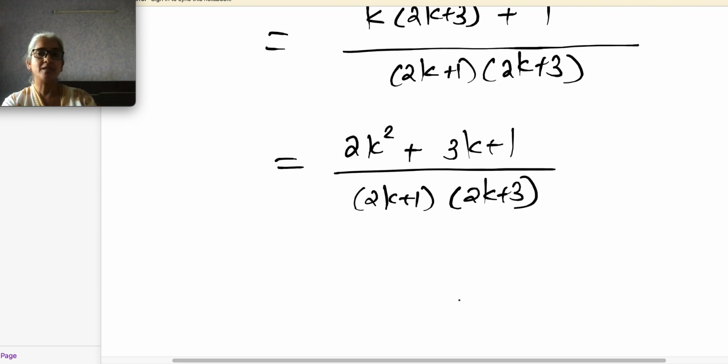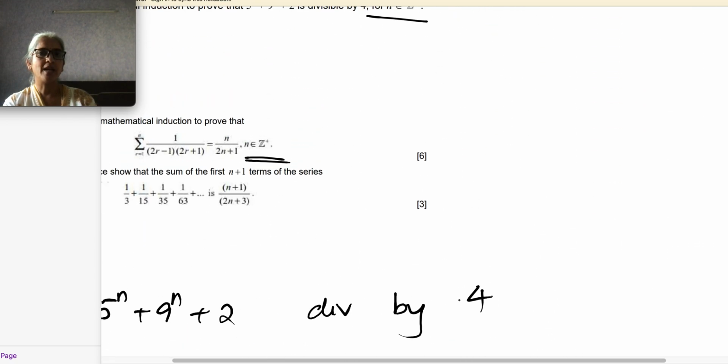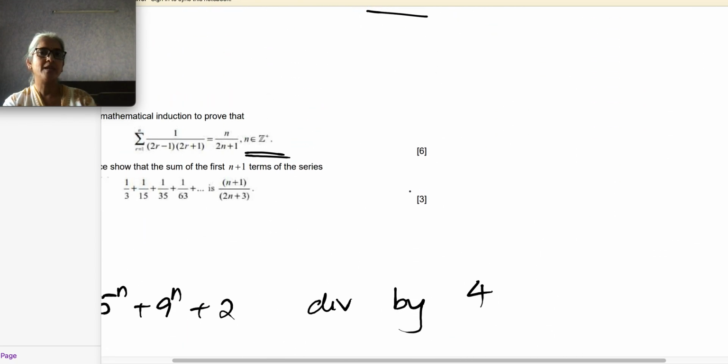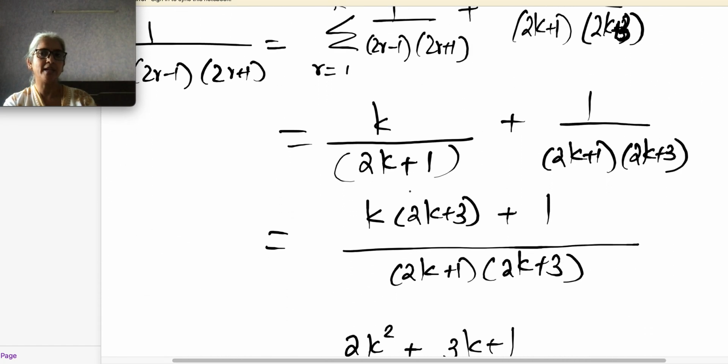Okay, this is what I got after I simplified my expression, so I did it right till here.